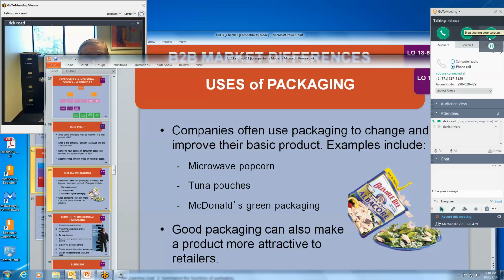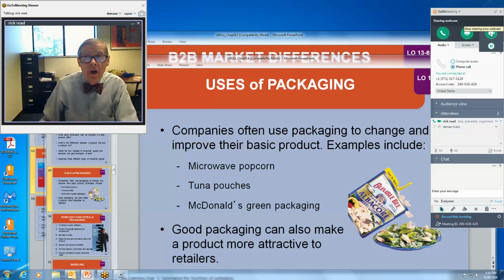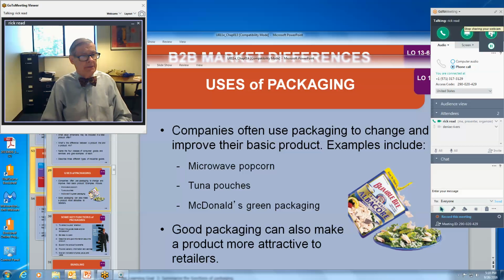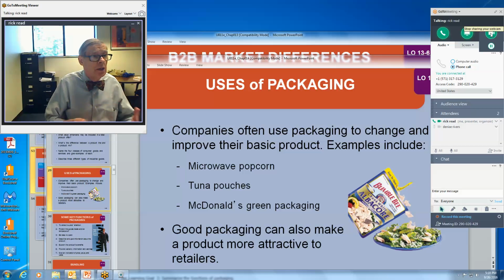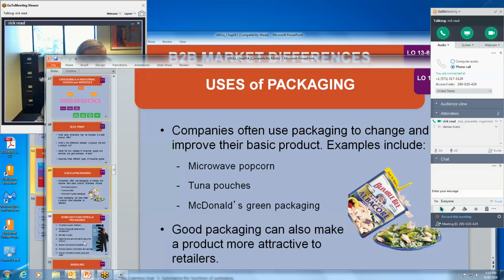Now, what is important here for any good, not service, but for any good, is packaging. And companies spend a lot of time thinking about packaging and how they want their product to look in a package, etc. And packaging provides many, many pluses.